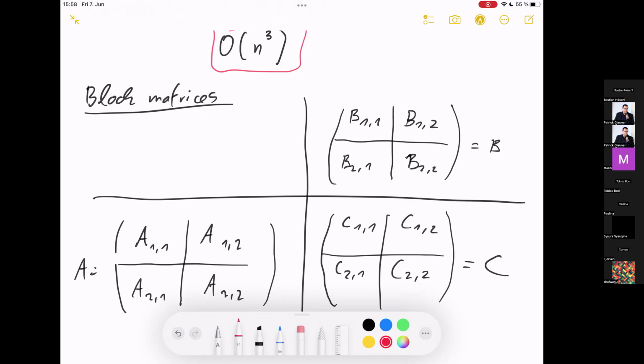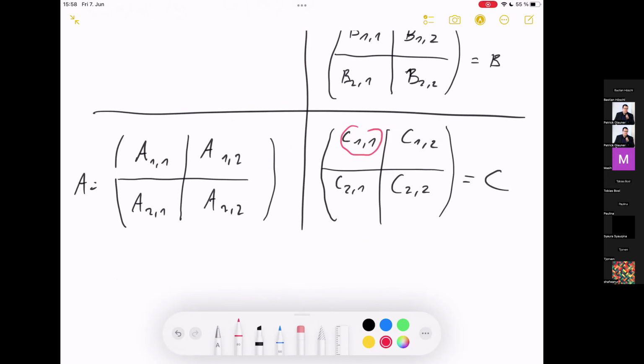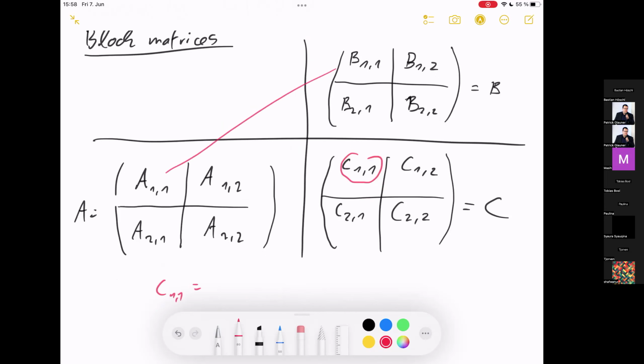And I want to know, how can I calculate this block C11? And it's exactly what I have done before. It's the same procedure, how I can calculate this block, but yet we will write it out once. So C11 will be a sum of 2 products.